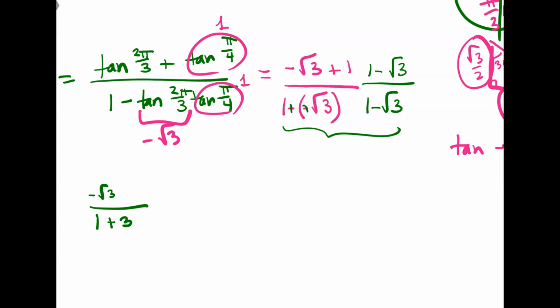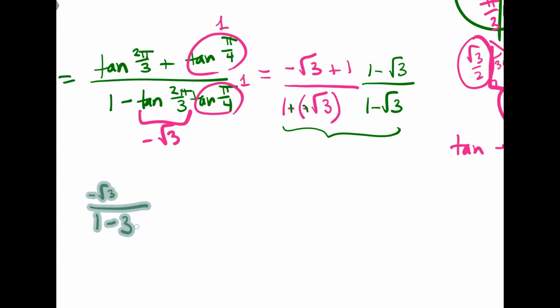Negative, yeah, it should be minus 3. No, on the right side. Because you're multiplying the positive with the negative on the right side. You're rationalizing and multiplying them. Maybe 1 minus 3, right? Yeah, so it's 1 minus 3 on the bottom.